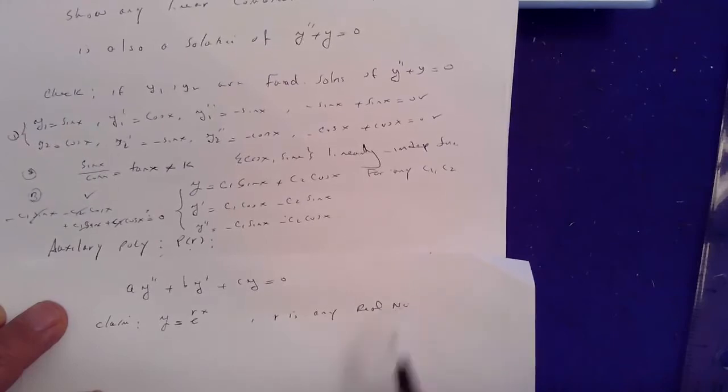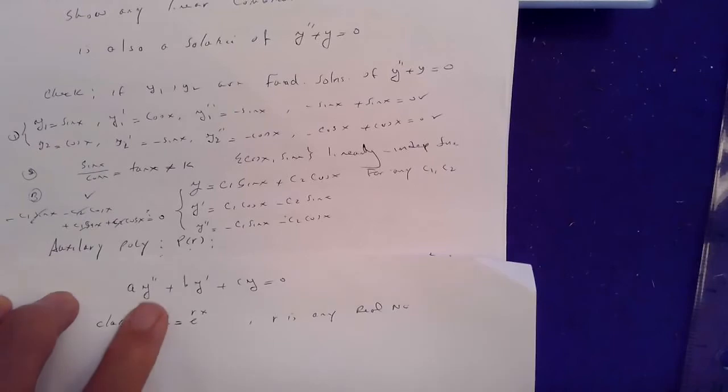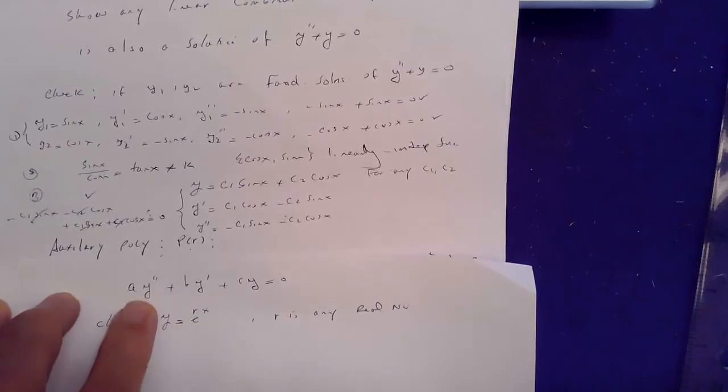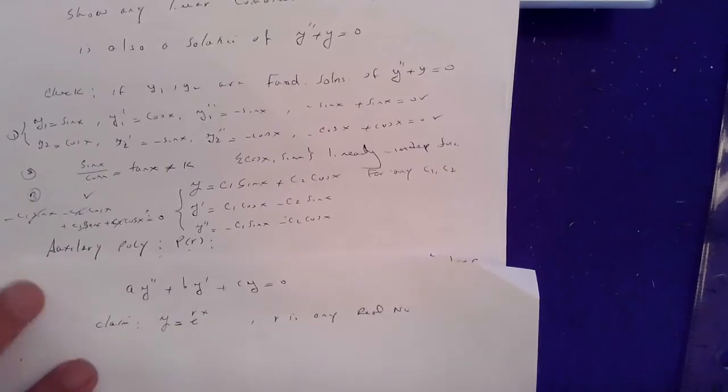This is basically the look of a solution to a homogeneous linear differential equation, whether it's order 2 or higher order. It's always an exponential function, e to the power of rx.